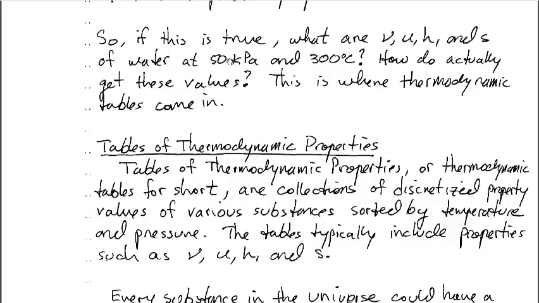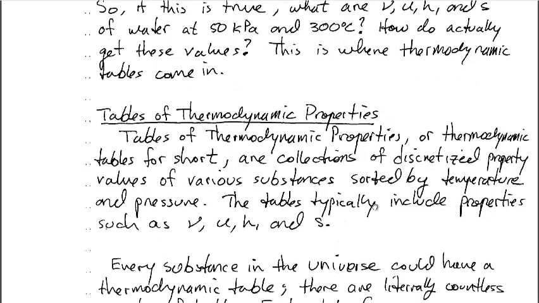So there is a set of tables for water that include the specific volume, specific internal energy, specific enthalpy, and specific entropy of water at different temperatures and pressures. And we can go to those tables knowing pressure and temperature, look them up, and find the corresponding properties that we need to know.